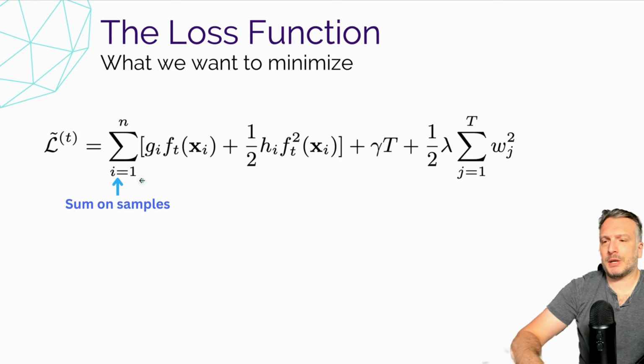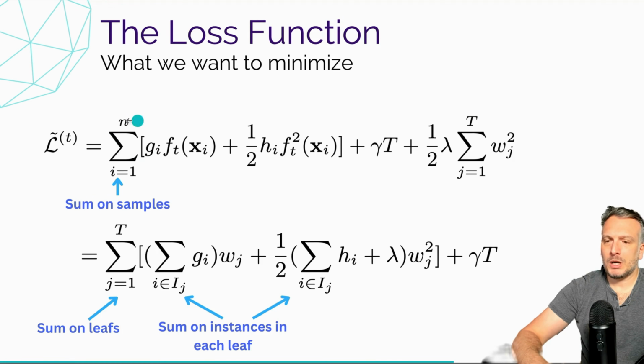So let's make a trick. Let's look again at this loss function. Here we are summing on the samples, and here we are summing on the different leaves in the new tree. So let's do a trick to change how this formula looks. When we look at this sum over the samples, we can decompose the different samples in the way they sit in the different leaves.